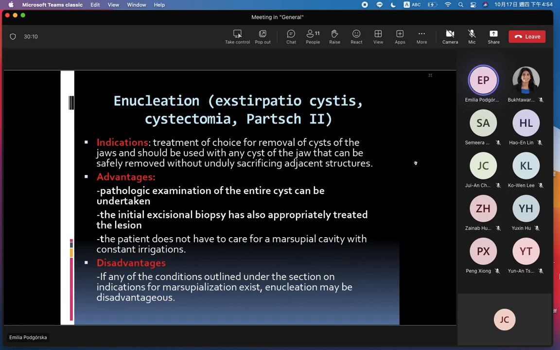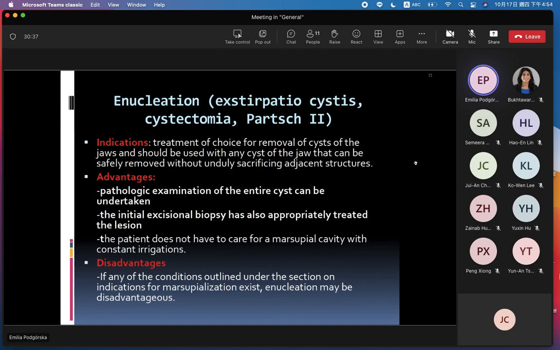So, enucleation, also called extirpation cystis, cystectomia, or Partsch 2. We have indications like treatment of choice for removal of cysts of the jaws, and should be used with any cyst of the jaw that can be safely removed without sacrificing adjacent structures.